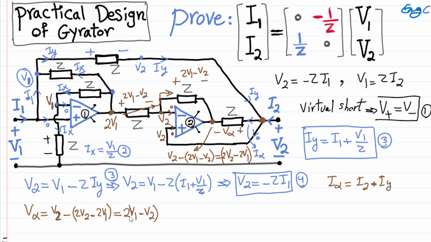Now this voltage drop is equal to the current flowing through this impedance, which is I2 plus I, times the impedance.